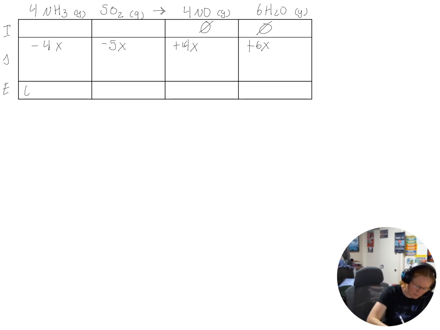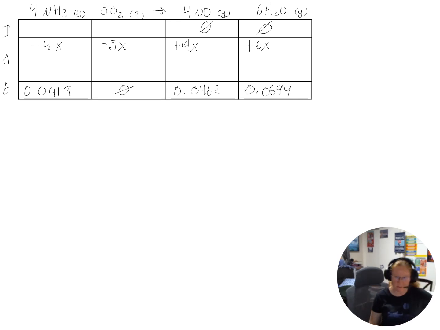So you should end up with 0.0419, limiting reagent of oxygen, 0.0462 of nitrogen monoxide, and 0.0694 moles of water vapor. Then you're going to produce 1.39 grams of nitrogen monoxide produced.